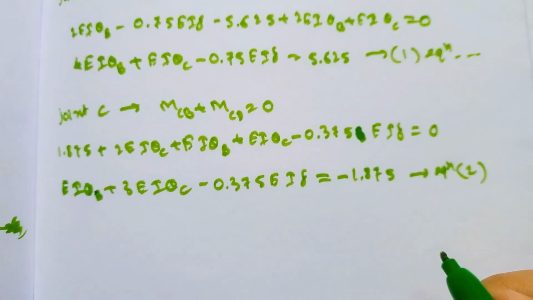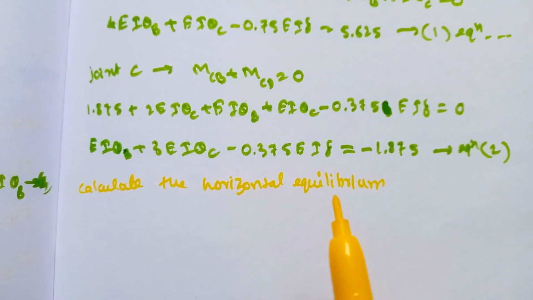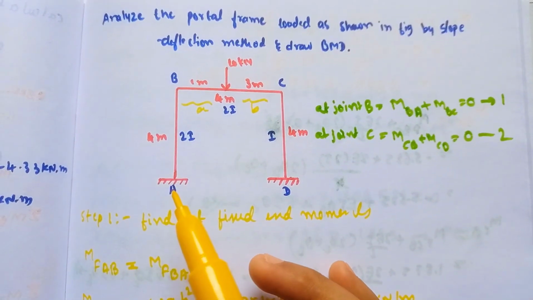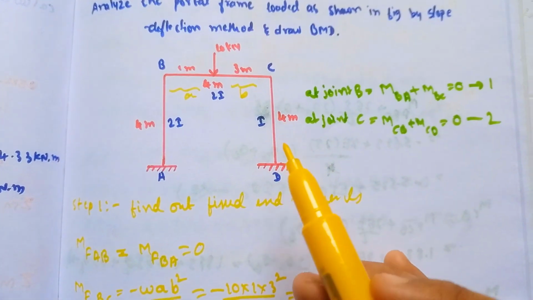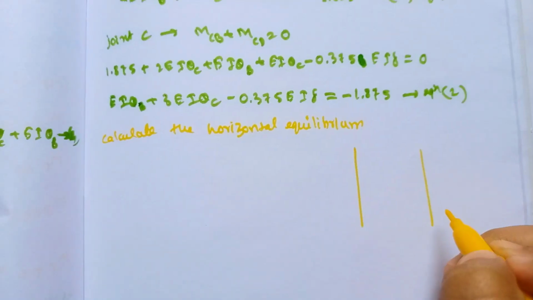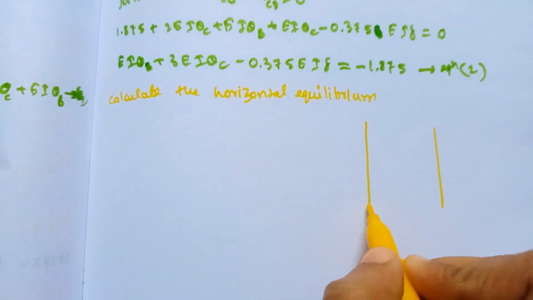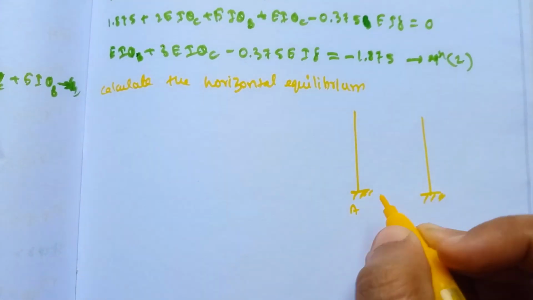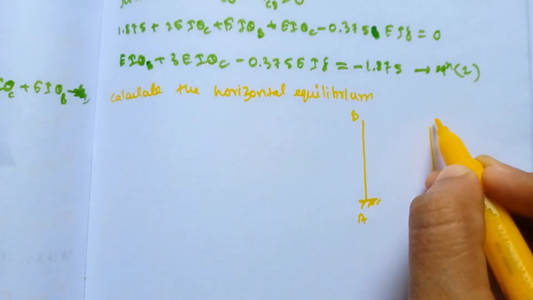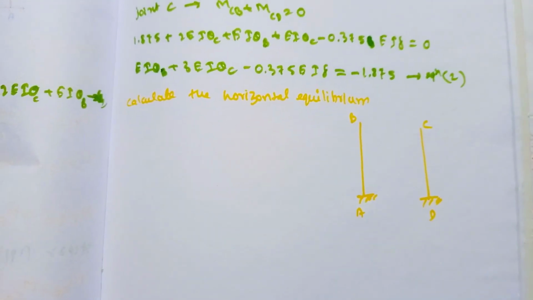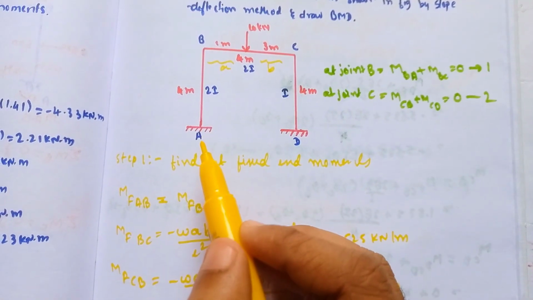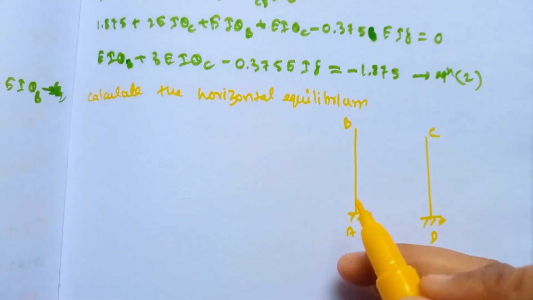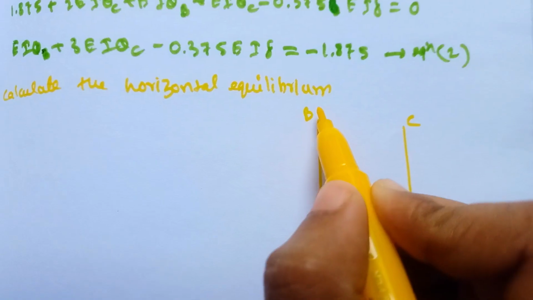Now what we have to do is calculate the horizontal equilibrium. For that we need to redraw these vertical members. I am redrawing these vertical members here. This support is point A, this is point B, this is point C, this is point D. I have redrawn the same frame with the vertical members here. First thing we have to write down the moments.